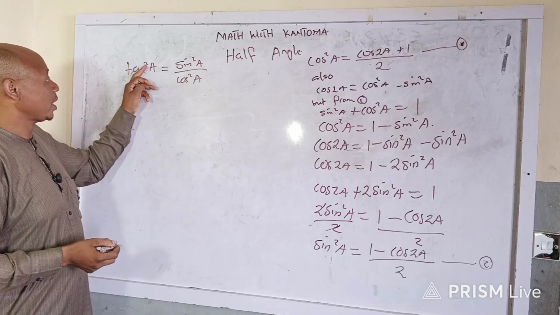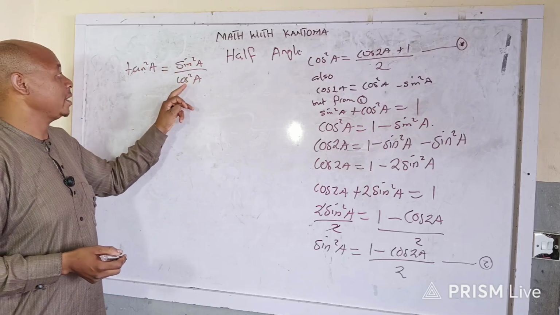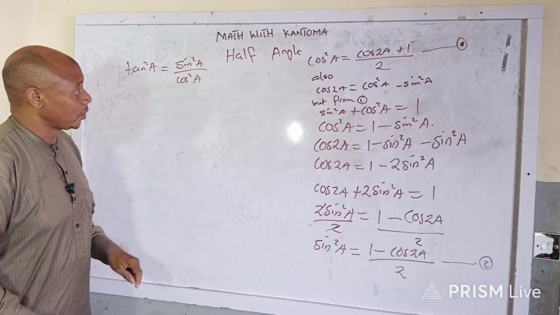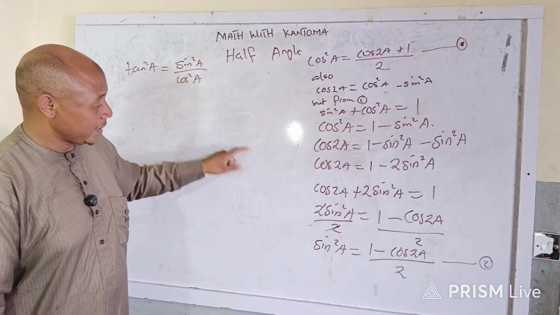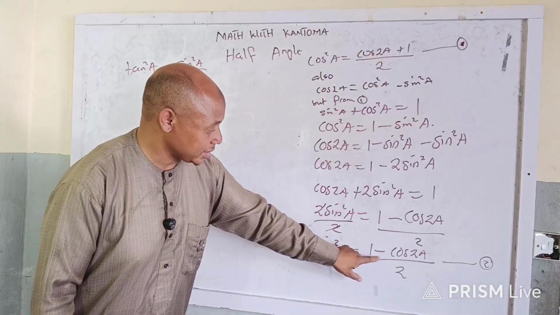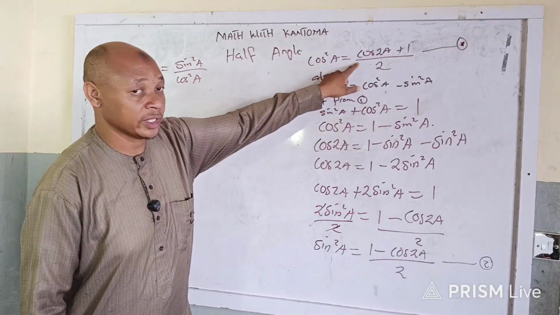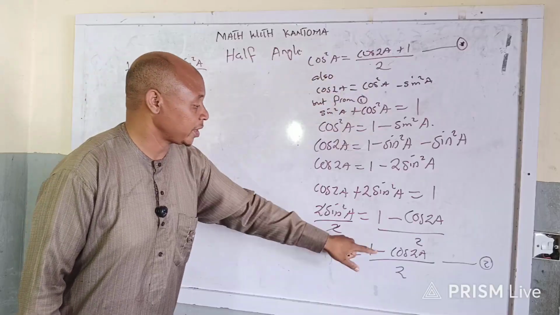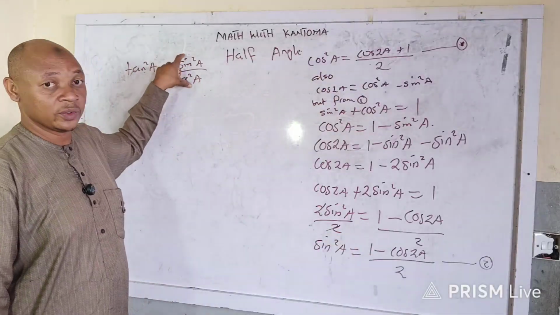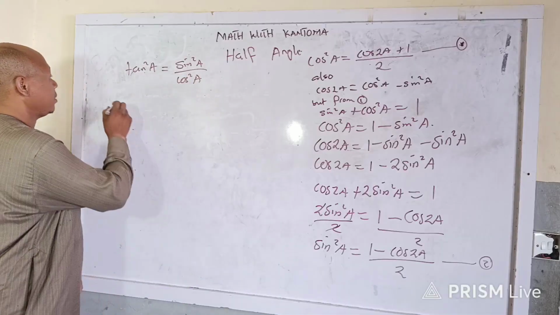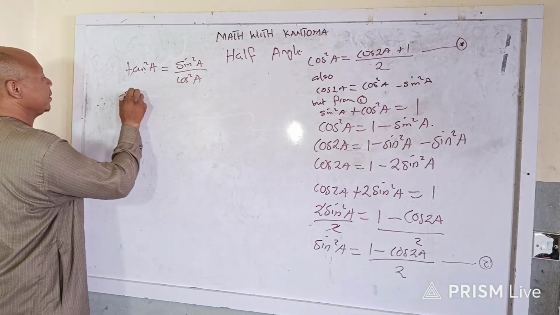And also tan square A is the same thing as sine square A over cos square A. So now, the value for sine square A here, we said is this function. And the value for cos square A is also this function. So I'll be substituting these two functions into the equation here.